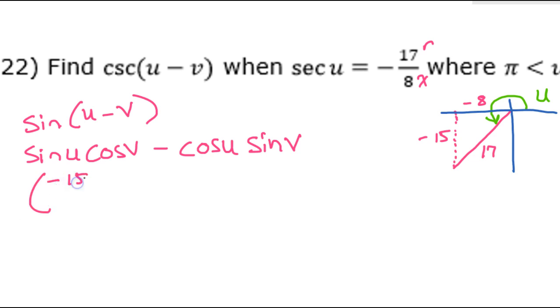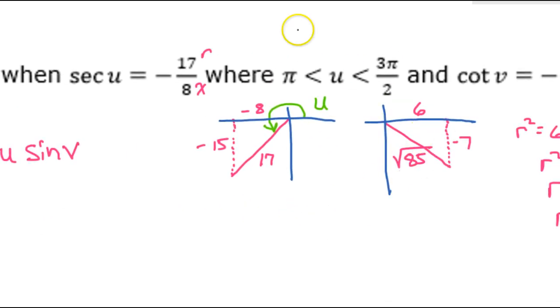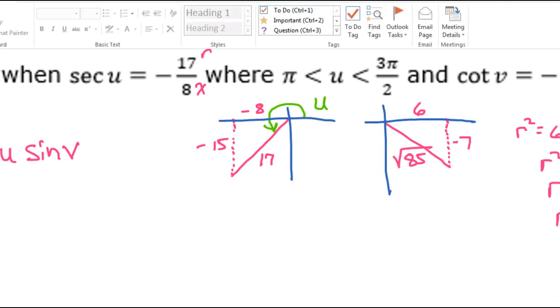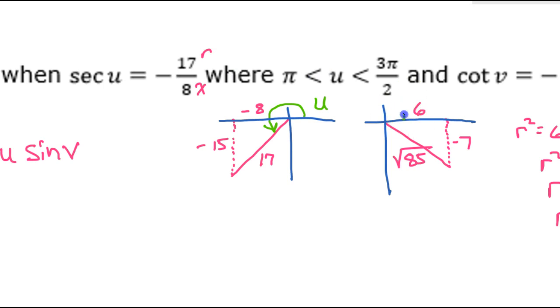So that's negative 15 over 17. Meanwhile, cosine of v, which I forgot to label, let me do that now. This is angle V. Do not get confused.